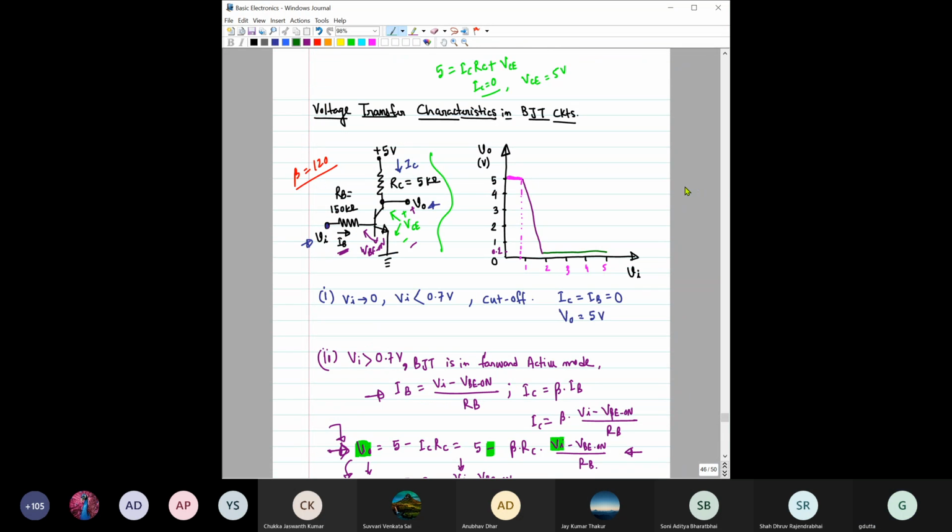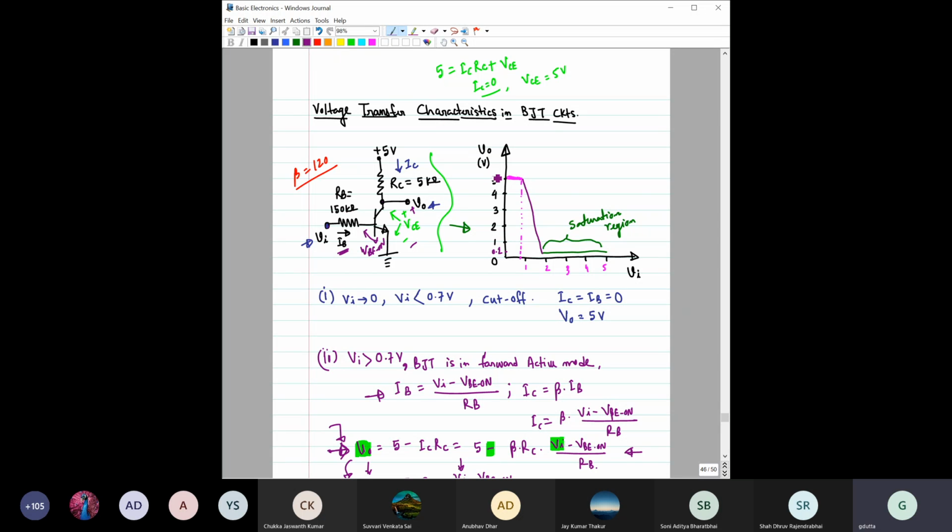So now for this circuit, the voltage transfer characteristics comes out to be like this. In this region, the transistor is operating in the saturation region.